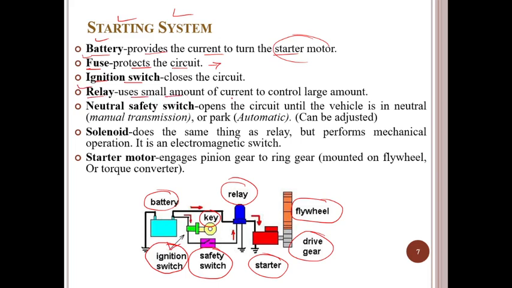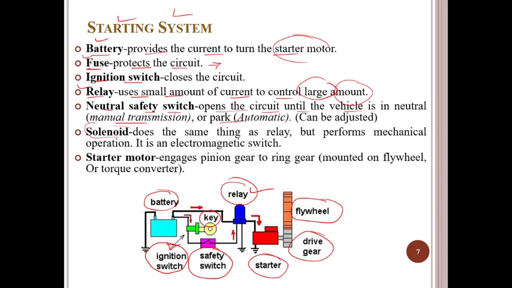It uses a small amount of current to control a large amount of current. Another component is the neutral safety switch. It opens the circuit until the vehicle is in neutral, meaning manual transmission or park in automatic transmission, which can be adjusted with the help of this neutral safety switch.